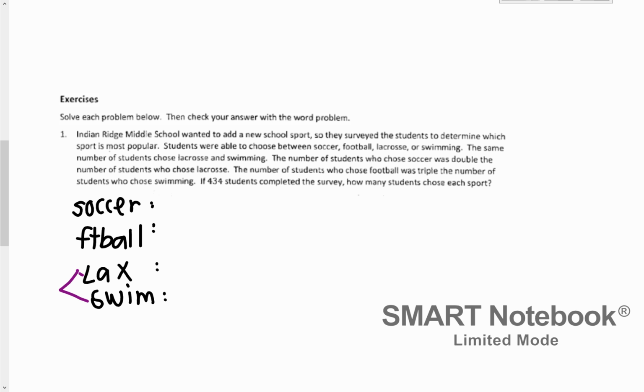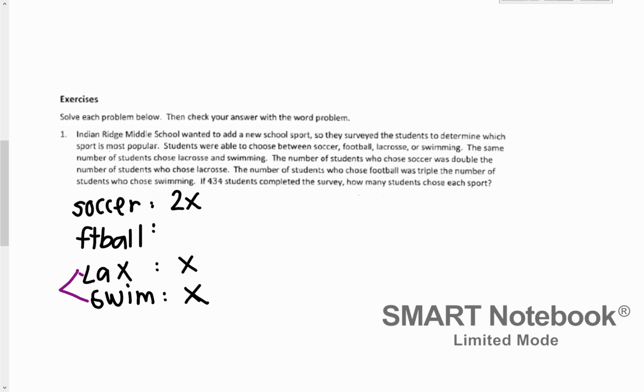So the number of students who chose soccer was double lacrosse. So let's say lacrosse, we don't know what that is, that's X. Okay, since lacrosse and swimming are the same, swimming would also be X. Students who chose soccer was double who chose lacrosse. So if lacrosse is X, soccer would be 2X because it's double, 2 times however many chose lacrosse.